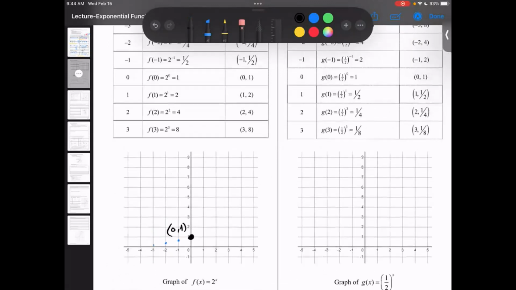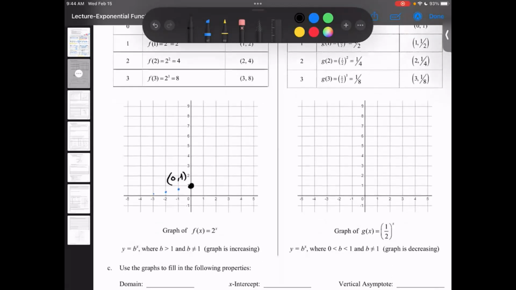When x is 1, y is 2. When x is 2, y is 4. When x is 3, y is 8. Make it a little more prominent. Whatever you do, do not cross the x-axis.